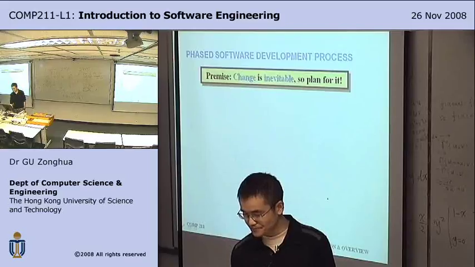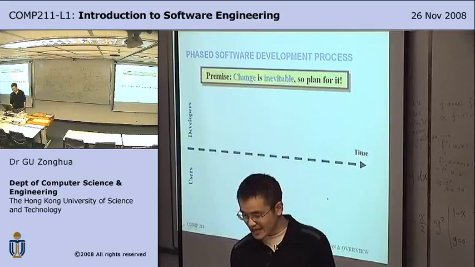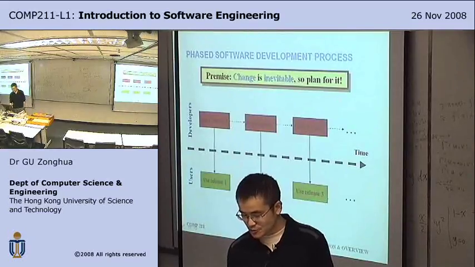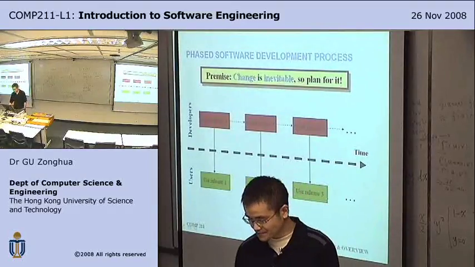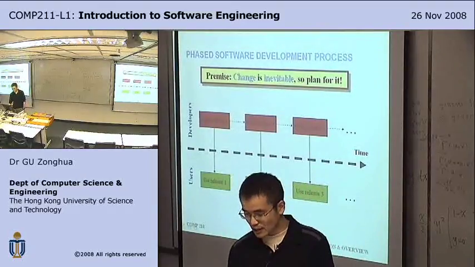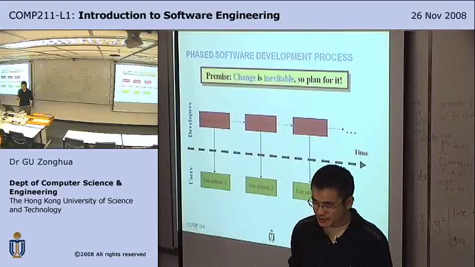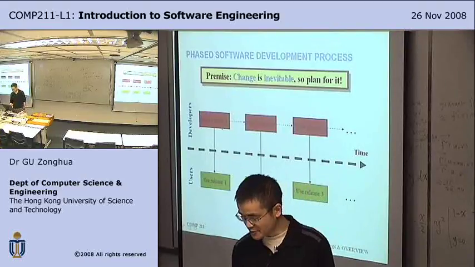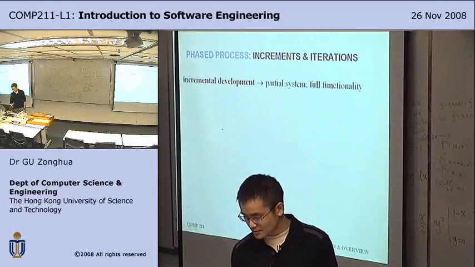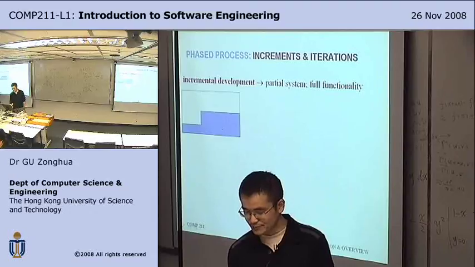So phased is when you build many releases. So you build release 1, give it to the users and use it as a beta tester. Release 2 and use it, and release 3. So phased has two types.